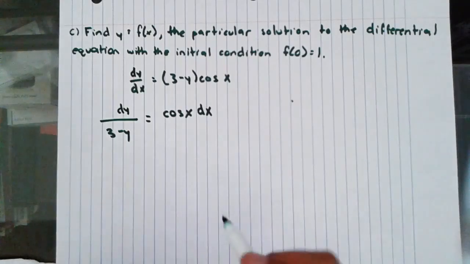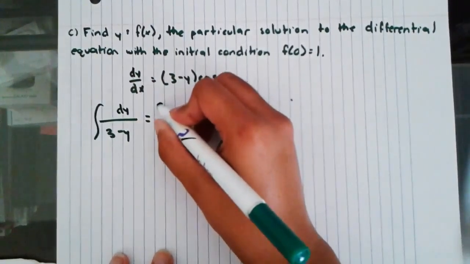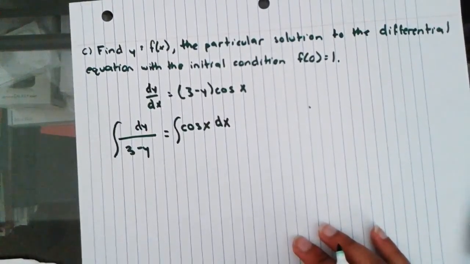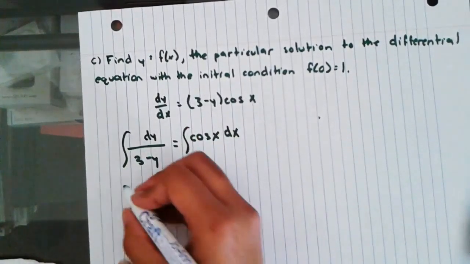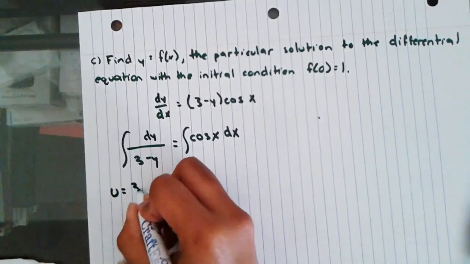And then after you do that, you can integrate both sides. To make this integral easier, you can plug in the bottom into a u substitution.